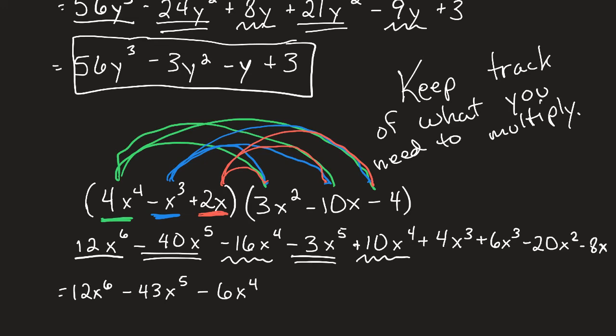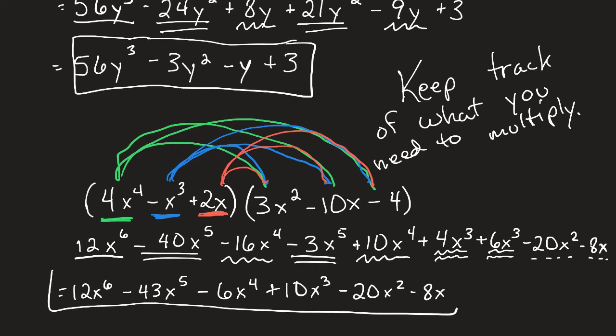Then we have our cubes, so we've got 4x cubed and 6x cubed, so that's plus 10x cubed. And then our last two are by themselves. So we have minus 20x squared minus 8x. And so our final answer is this whole long thing.